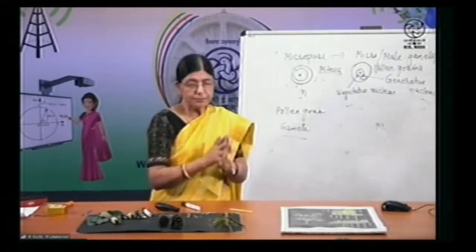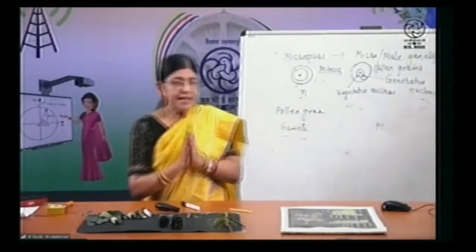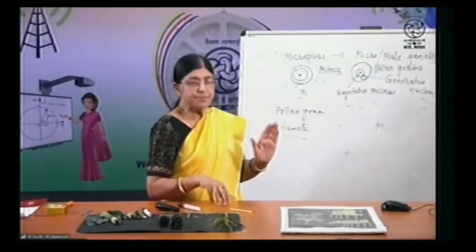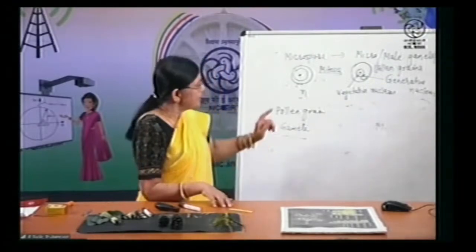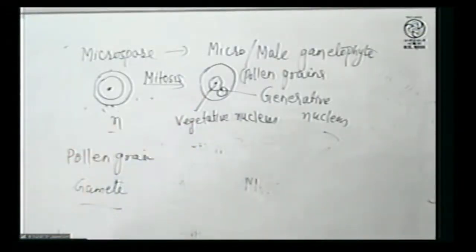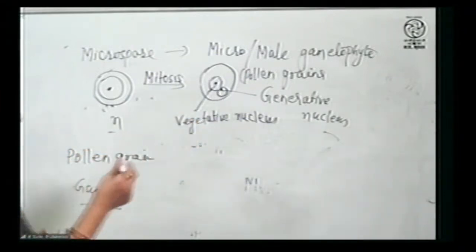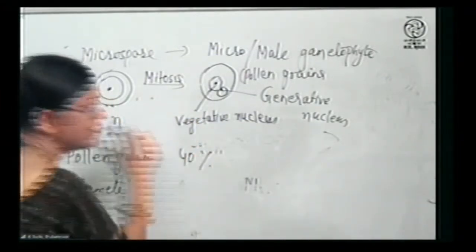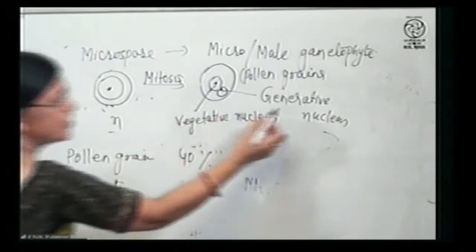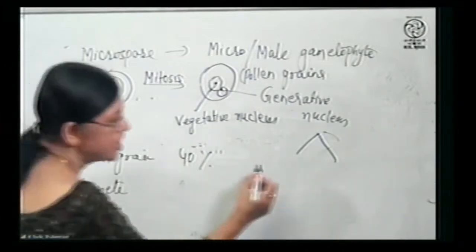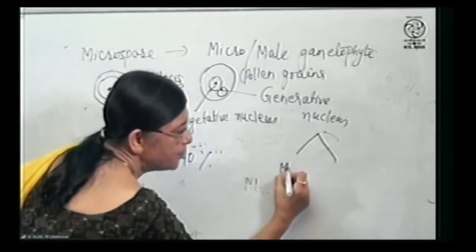Okay. So now, just a little bit I'll tell you here. We didn't discuss gametes till now. In 60% of angiospermic plants, pollen grains are released in this form, in the 2 cell stage. But in the other 40% of angiospermic plants, the generative cell undergoes another mitotic division to form 2 male gametes.